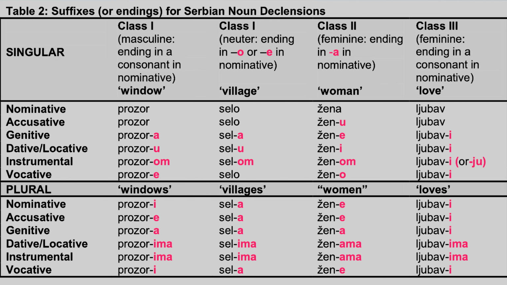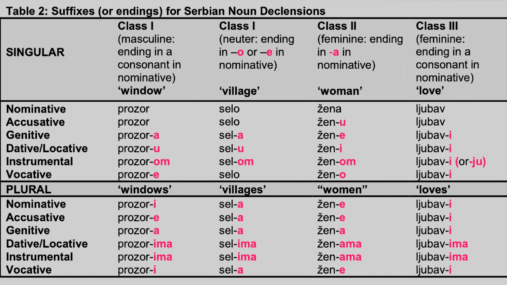As you can see, there are four classes, and the first class is nouns that are masculine and end in a consonant. Here we have an example of a window, prozor. The second column is still class 1, and here we have neuter nouns that end in O and E, but also masculine nouns that end in O and E, because you can find some of them.